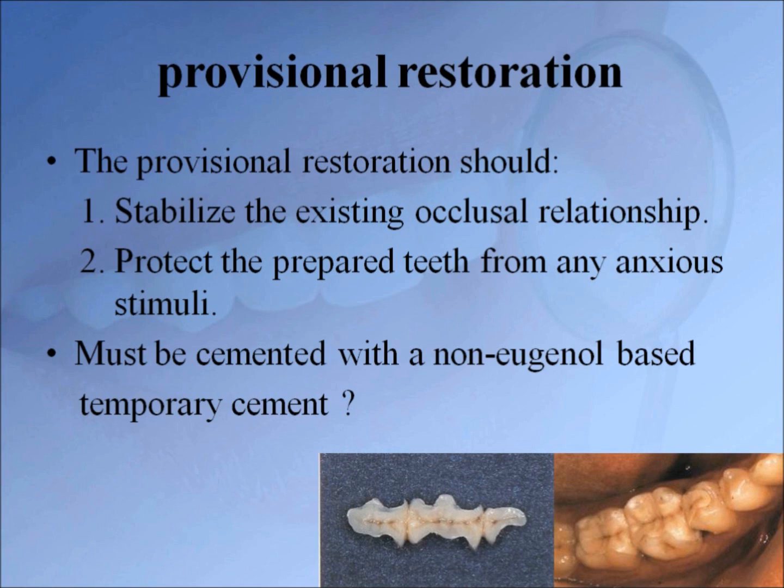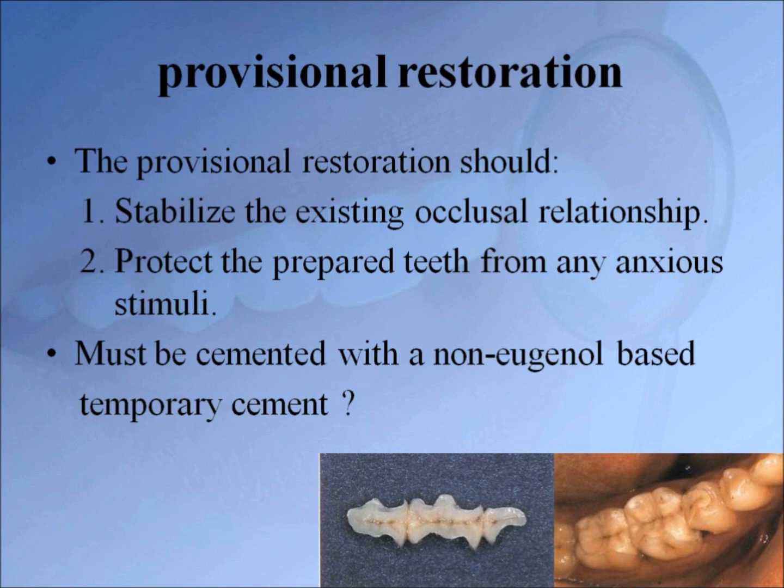A lubricant of some sort can be applied to a preparation if desired, especially if a resin-based material was used to block out the undercut and level the wall of the preparation. Temporary restorations for porcelain-fused-to-metal and cast gold restorations typically are cemented with eugenol-based temporary cement.